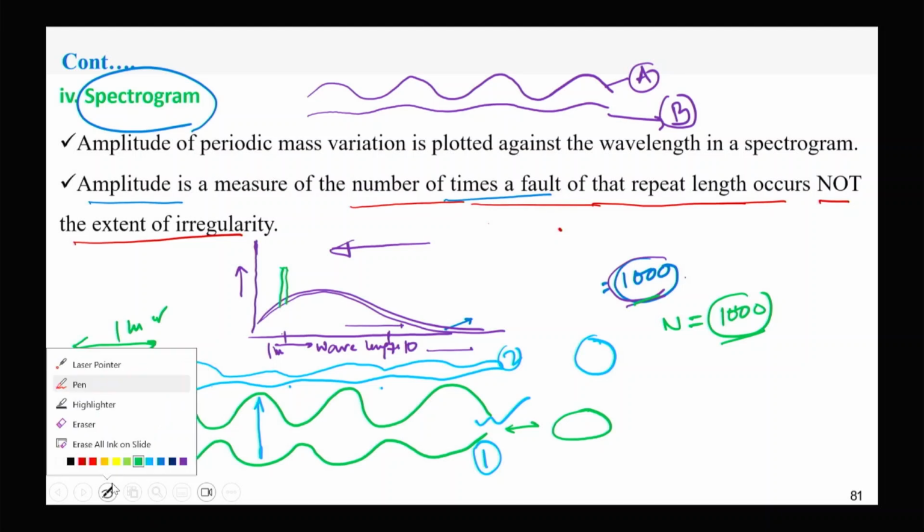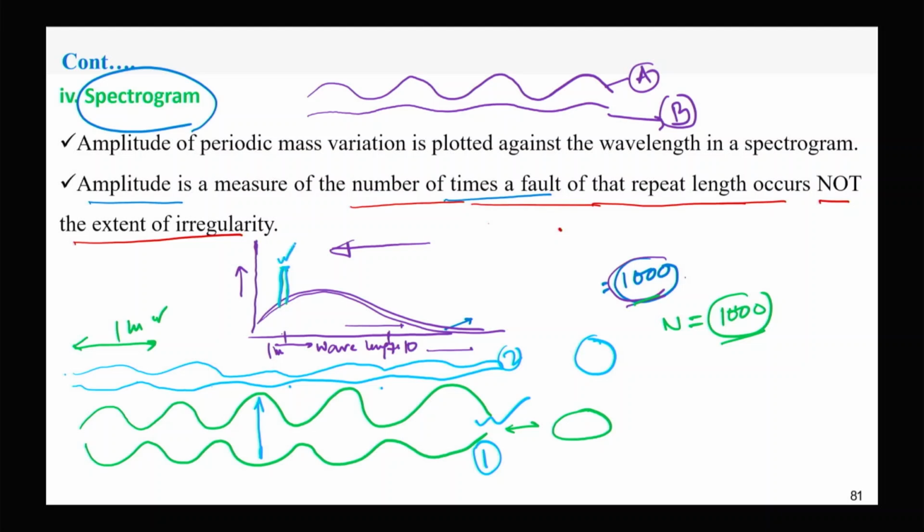So yarn 2 with lower extent will also coincide with that same height. So if you superimpose the spectrogram of yarn 1 and yarn 2, they will look the same, which means the spectrogram is not able to identify the extent of irregularity.